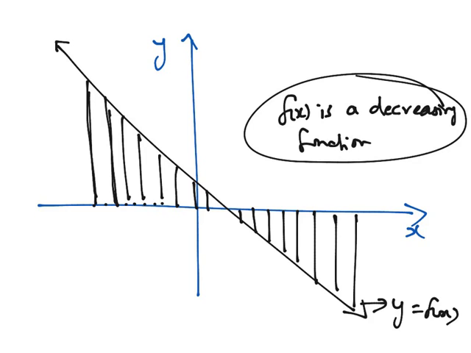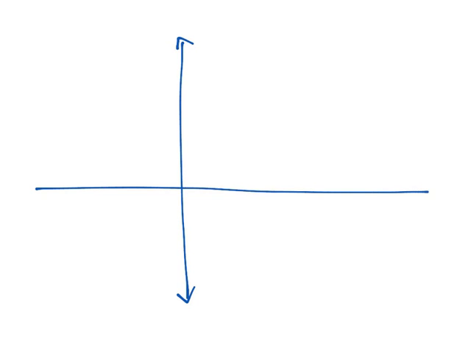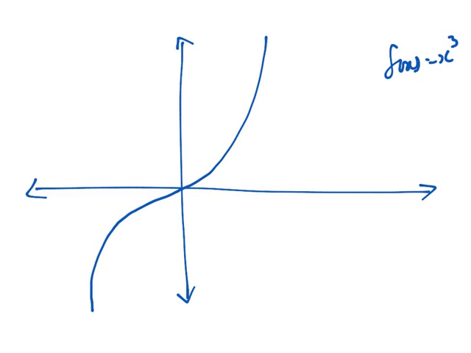Okay, one more example. Let me draw the y-axis. Let me draw the x-axis. So let me draw the curve f of x equal to x cubed. So it looks like this. What about this function, students? As you can see, as x becomes bigger, the curve goes like this.